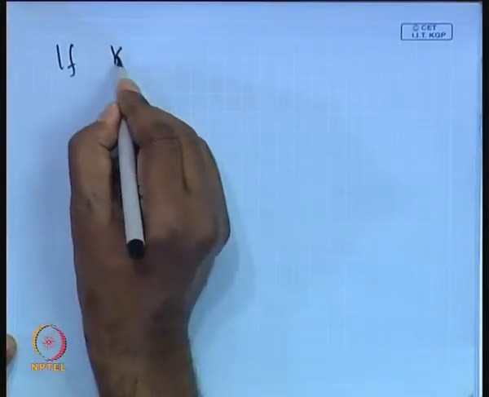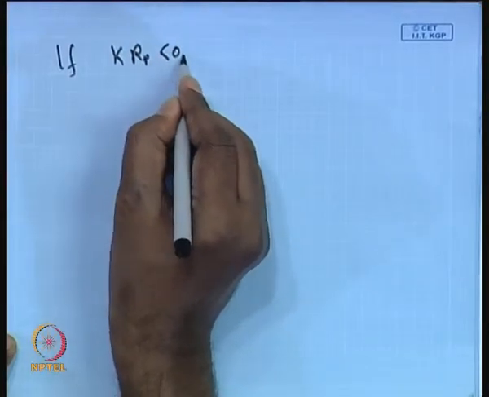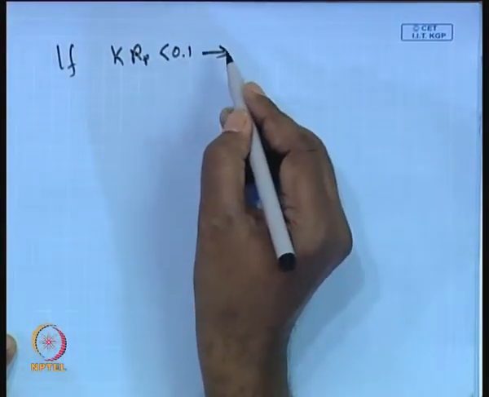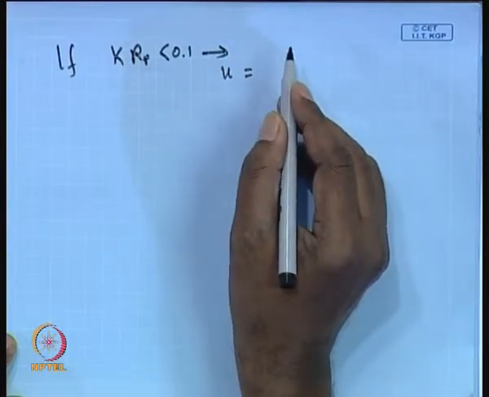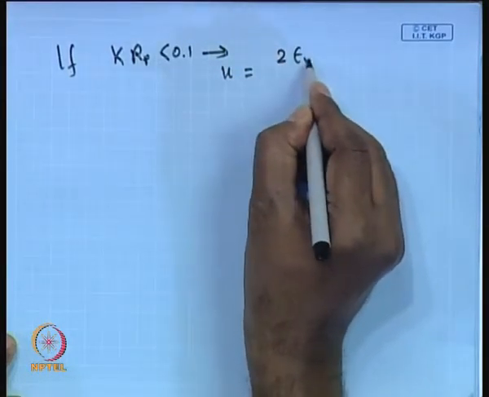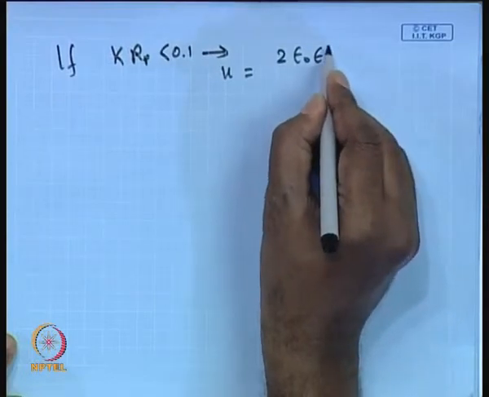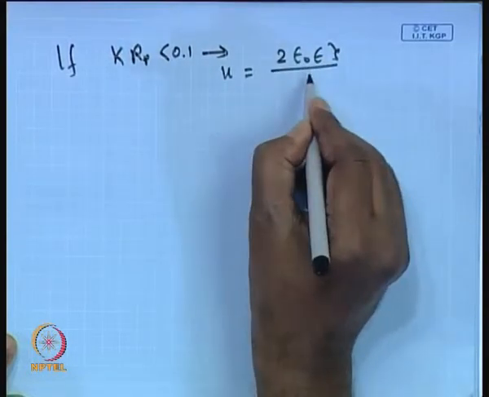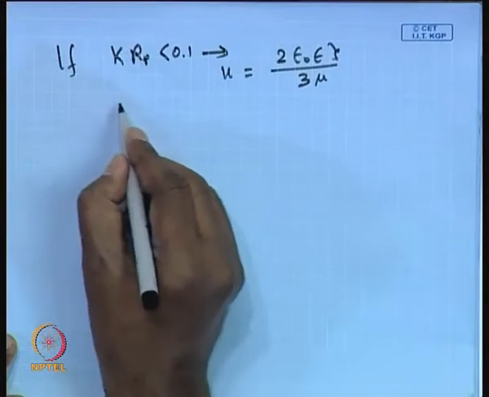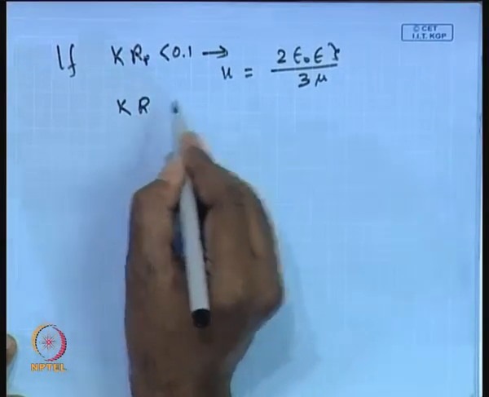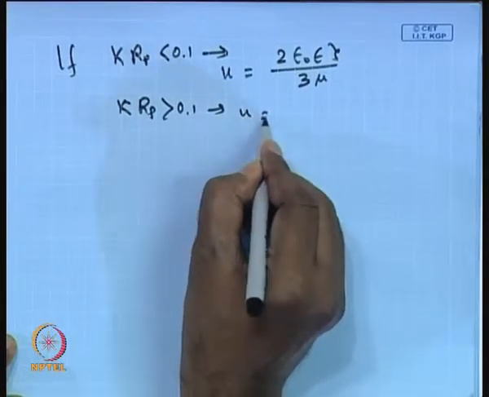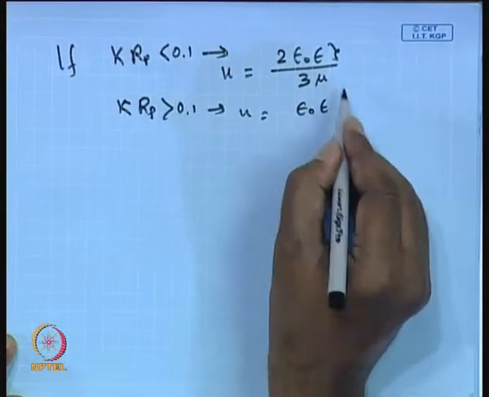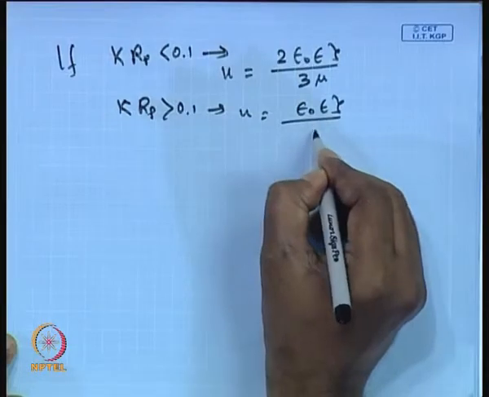Now, if kappa times Rp is less than 0.1, Rp being the particle radius, then electrophoretic mobility is given as 2 epsilon naught epsilon zeta divided by 3 mu, and on the other hand, if kappa Rp is greater than 0.1, then u is given as epsilon 0 epsilon zeta divided by mu.